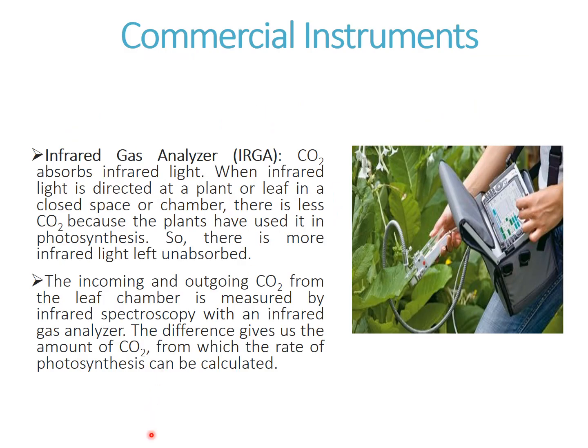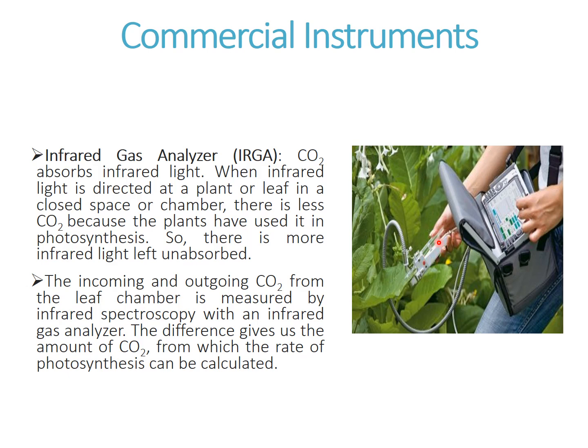One of the commercial instruments used for the measurement of photosynthesis is the infrared gas analyzer, also known as IRGA. Infrared light is absorbed by carbon dioxide. So when infrared light is directed at a plant or leaf of the plant in a closed space or chamber, as shown in the figure, there is less carbon dioxide because the plants have used it in photosynthesis.